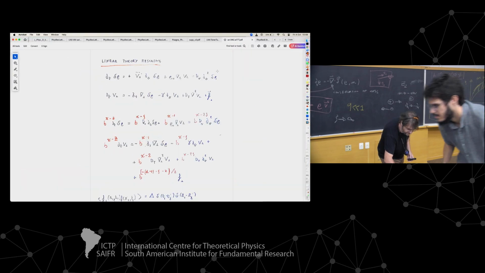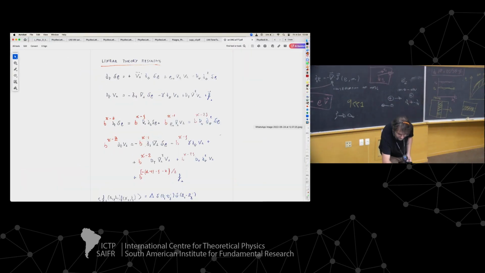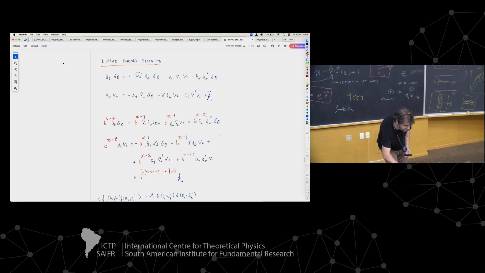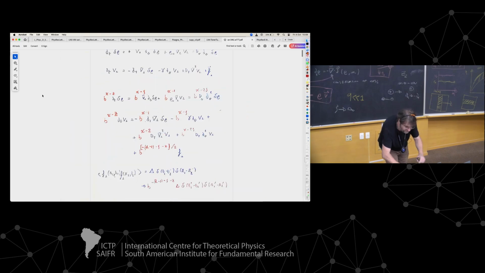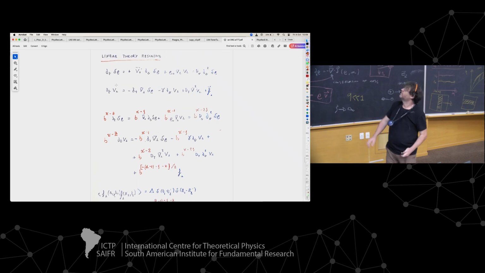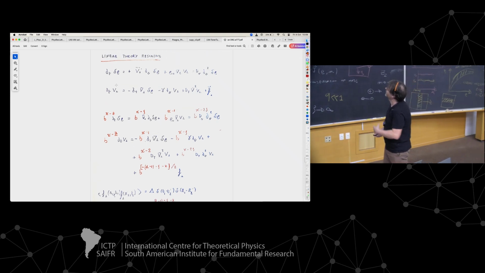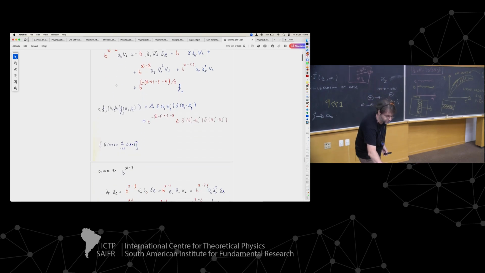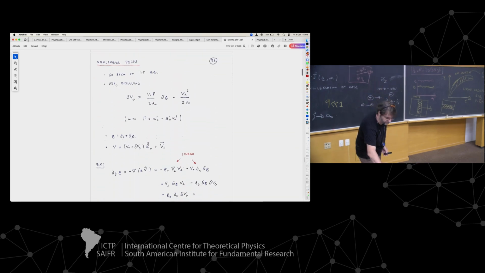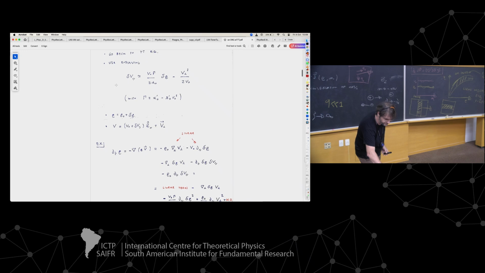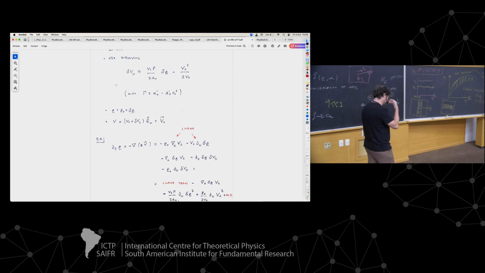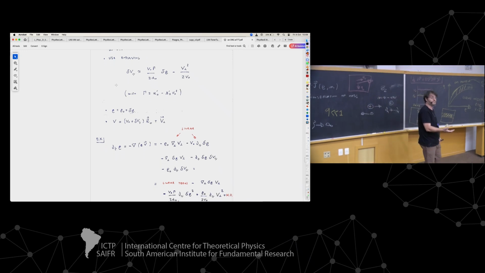Now I'm just really trying to give you a fast overview. Okay, so here I just take the linearized equation, I apply these exponents, and everything works well. Now, you need to do the nonlinear terms, okay?